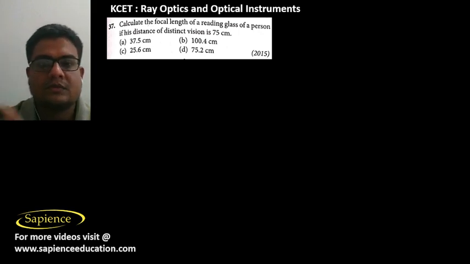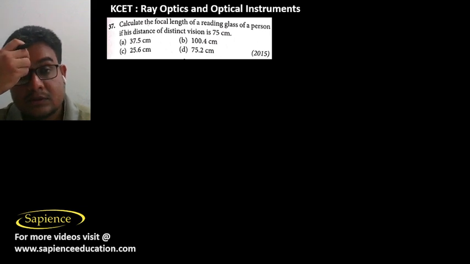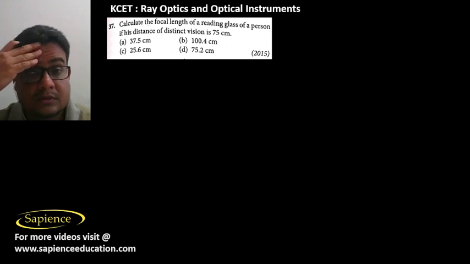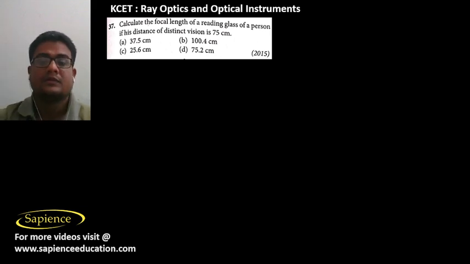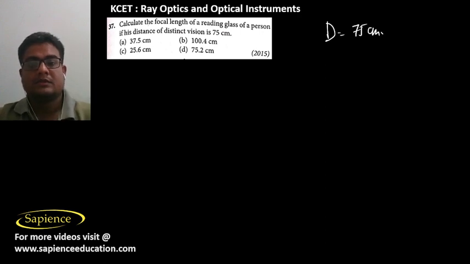Calculate the focal length of a reading glass of a person if his distance of distinct vision is 75 centimeter. Calculate the focal length of the reading glass.